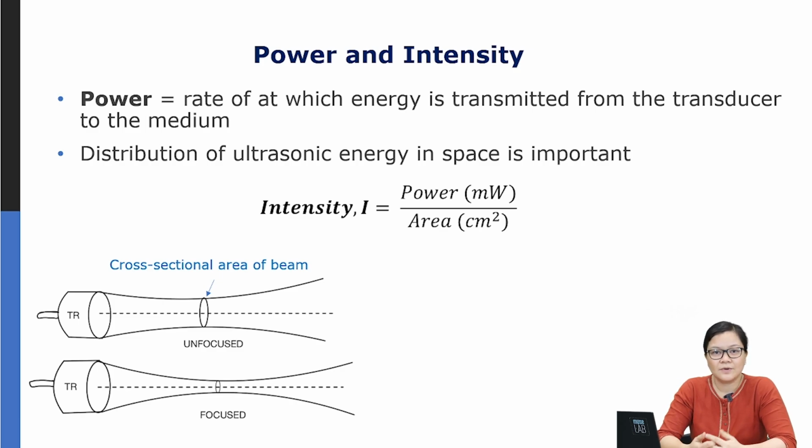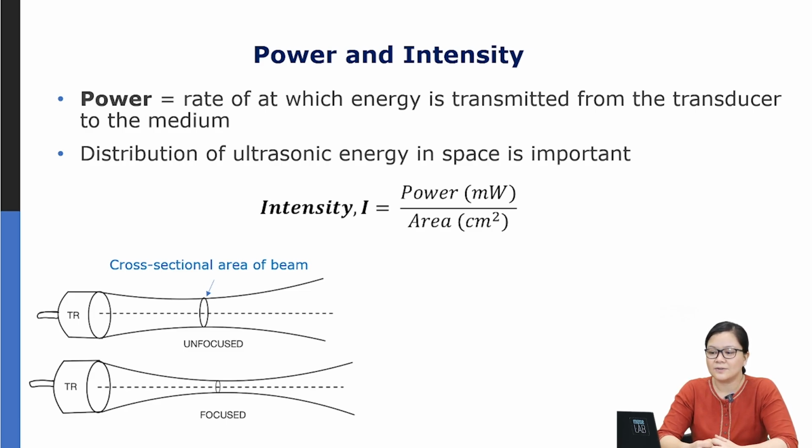So after you have measured the pressure distributions of your ultrasound beam, you can also calculate intensity. And intensity is related to power. Power, by definition, is the rate at which energy is transferred from the transducer into the medium. And we also note that the distribution of ultrasonic energy is important when we're mapping the beam.